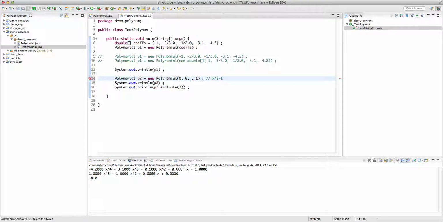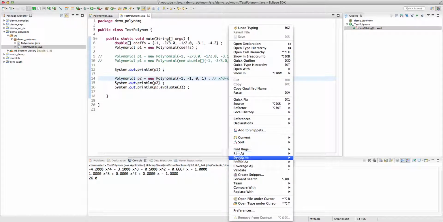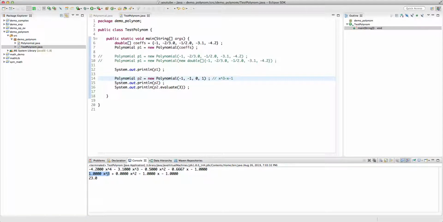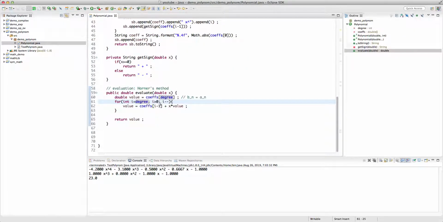And x3 minus 1, 26, minus x3 minus x minus 1, 27, 24, 23. Okay, so this is correct, this works. So what did we do here to recap?